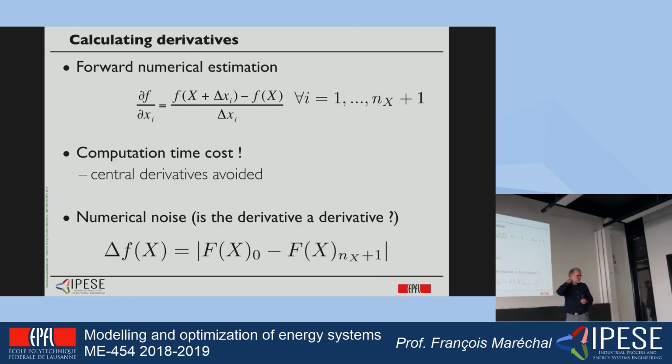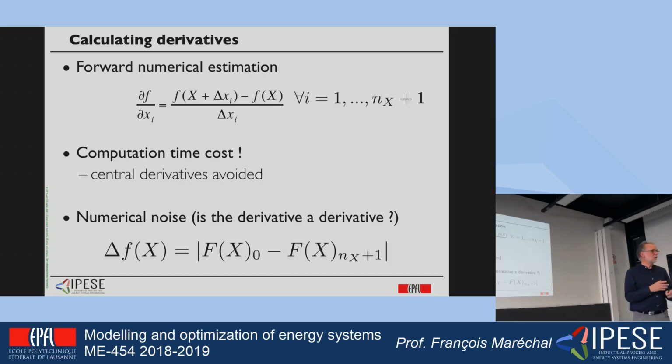The numerical noise is calculated in this way. You make perturbations on all the x, you calculate functions for all the perturbations, and you recalculate the original value. If there is a difference between the original value and the last one that you calculate for the same value of x, it means that there is some noise in the calculation.